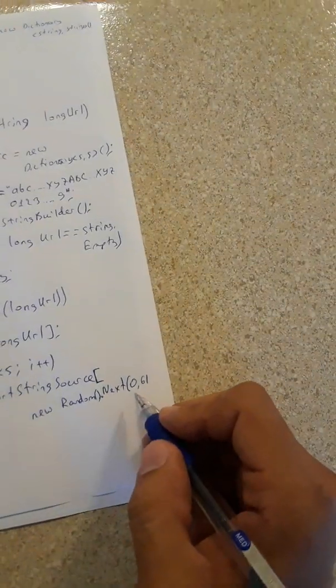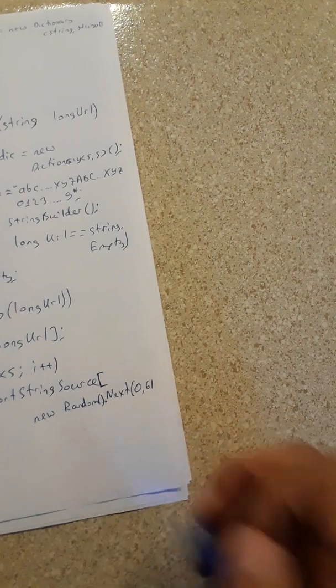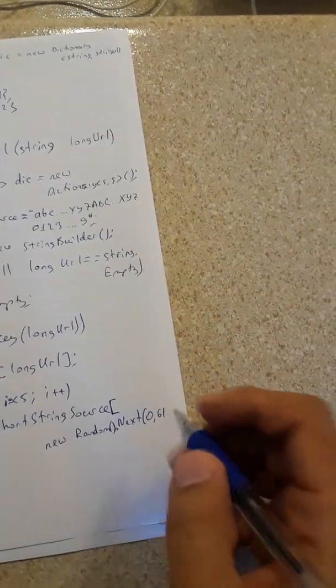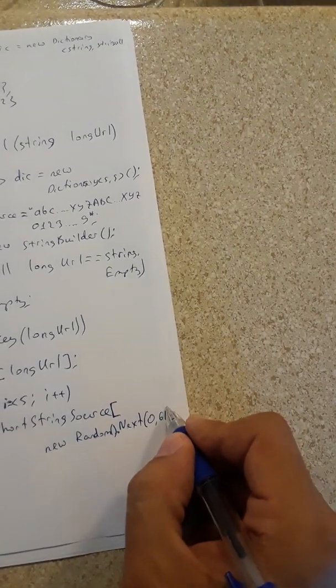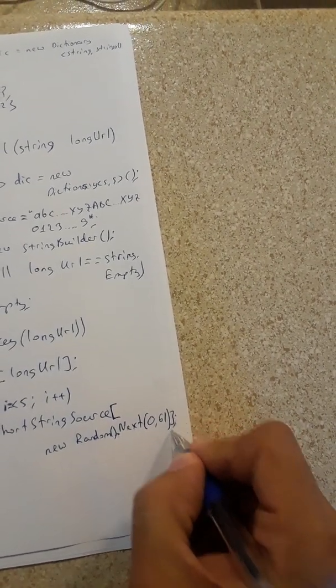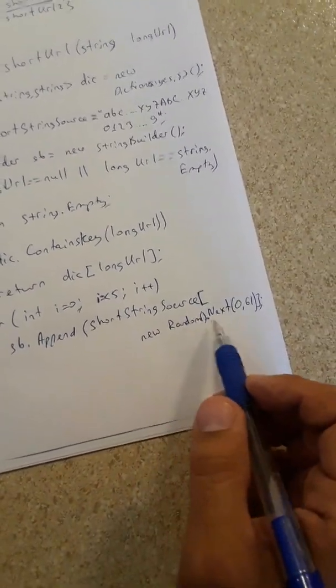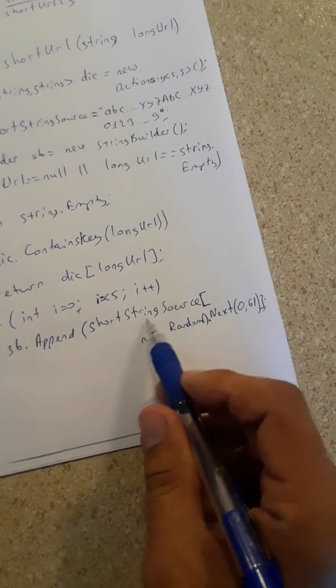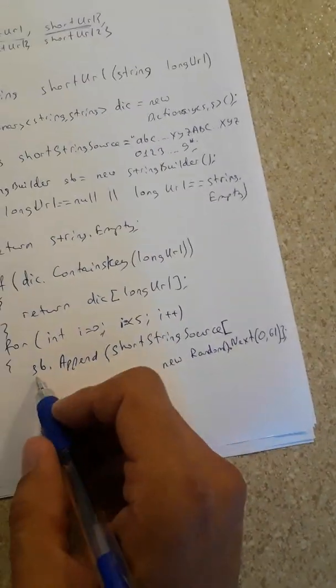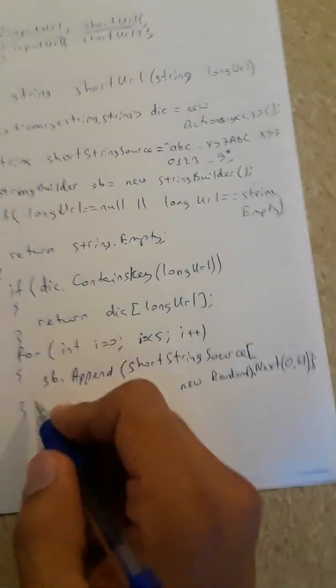Since we need to take one character from this string, we will generate an index from 0 to 61, and each time the function will take some random character from the short string source and append it to my string builder.